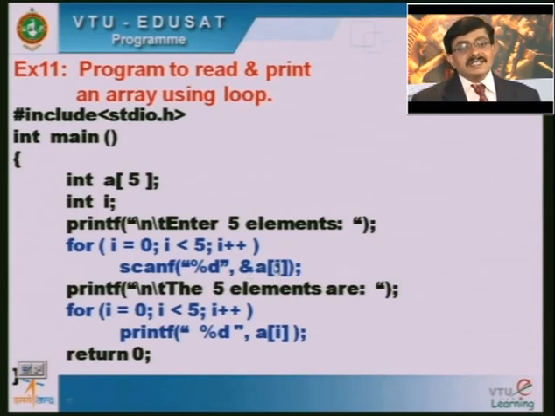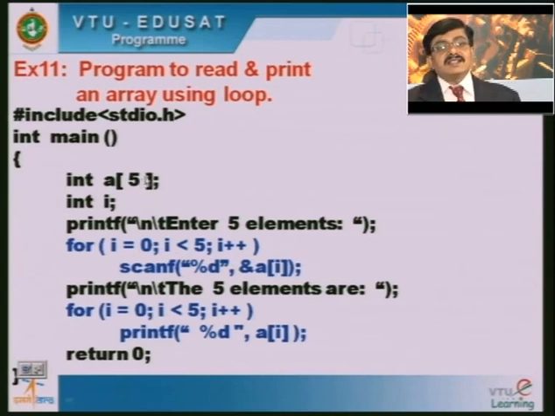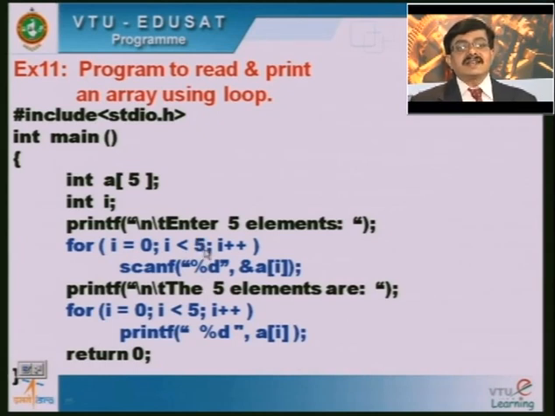Since i is changing in every iteration of the loop, I will be reading all the 5 elements of the array. So here there is no need of having 5 or 6 different percentage d's. Now if I change the size of the array to 500, then the same looping construct will satisfy the requirement. The only thing is I should change the condition to i less than 500. That is sufficient, and with this I will be reading all the 500 elements.